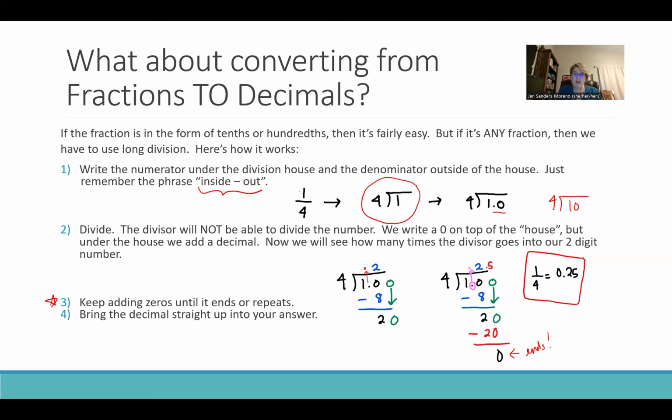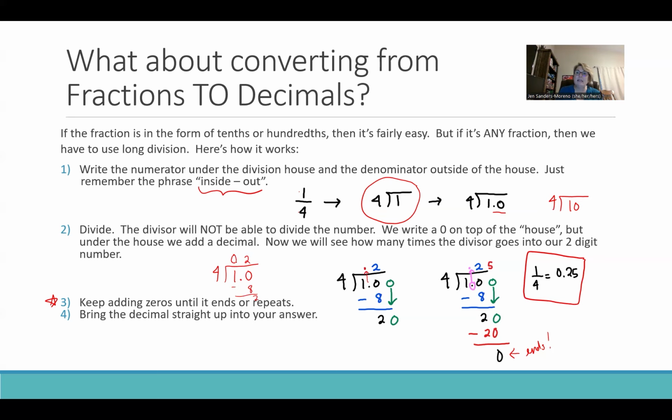Okay. Another option to be aware of, and here, I'm actually going to write it over here to the side. Hopefully this helps. When students start this process and they go, oh, 4 doesn't go into 1, they can actually write a 0 there. And then they know they're now going to have 4 goes into 10 2 times for 8.